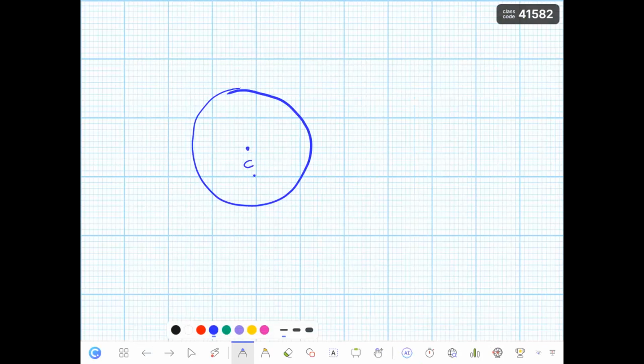Let's say we have a hollow sphere, okay? We use some material and coat this material on the surface.